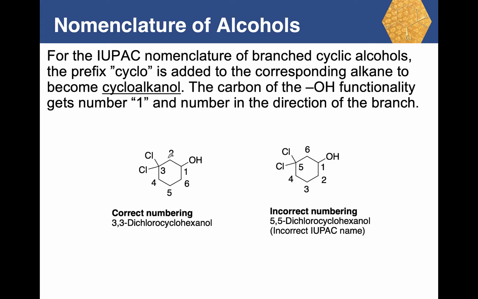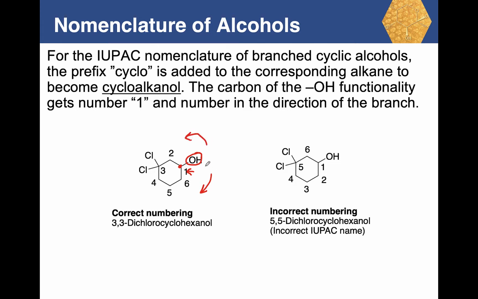Let's look at branched cycloalkanol. So here we have to use some numbers, and we need a starting point because it's a ring. If it's a ring, start at the carbon that has the OH group. That gets number 1. Then you have a choice. You can number in this direction or that direction.